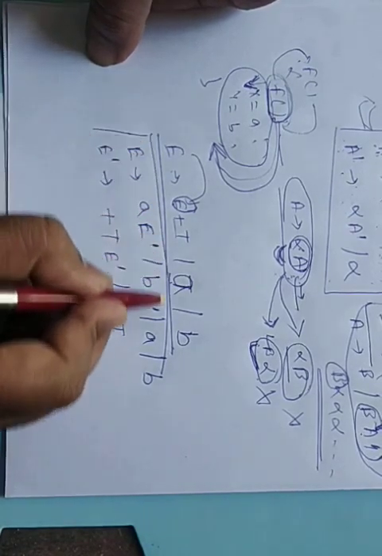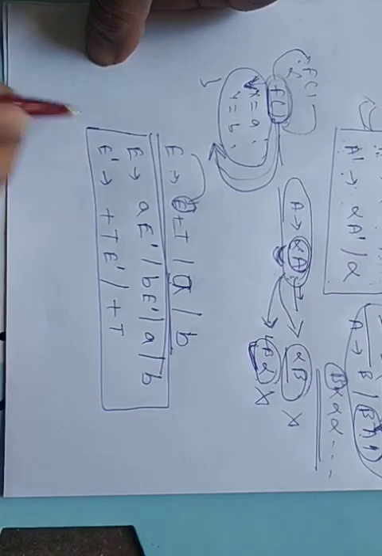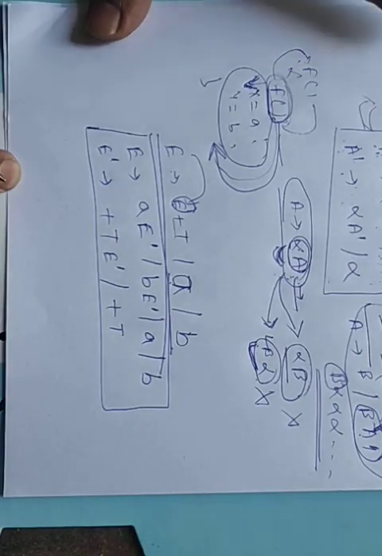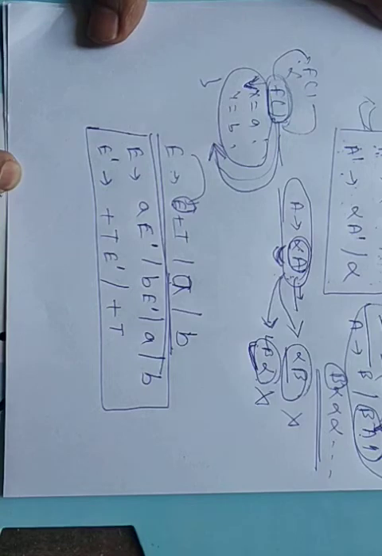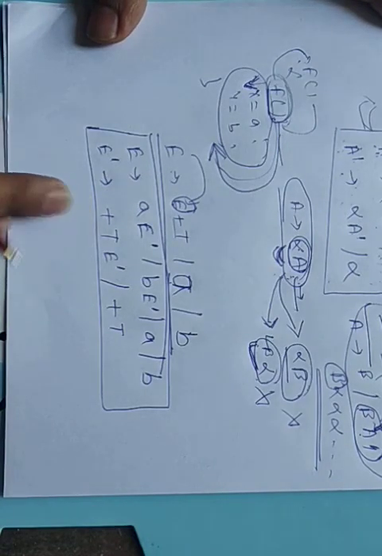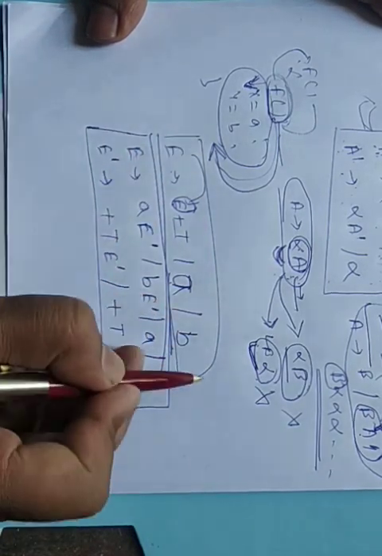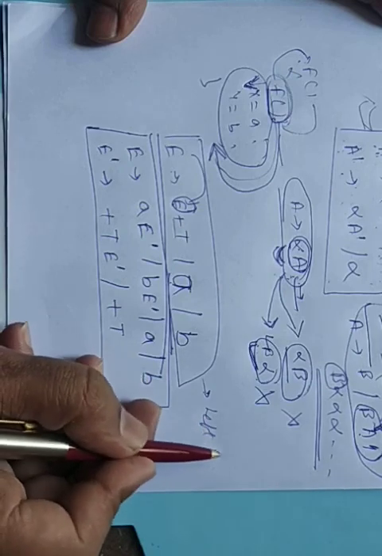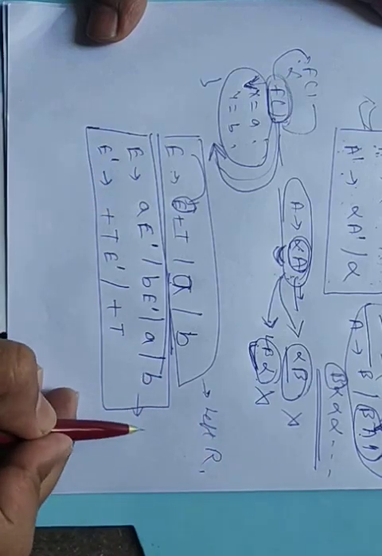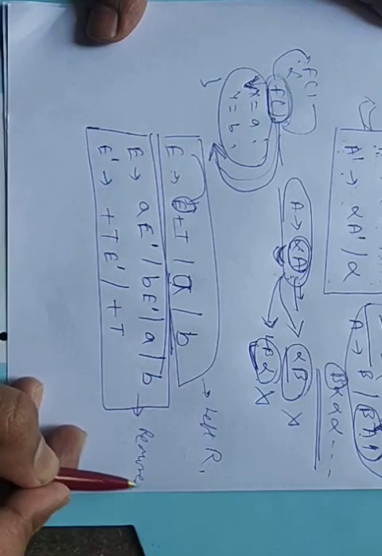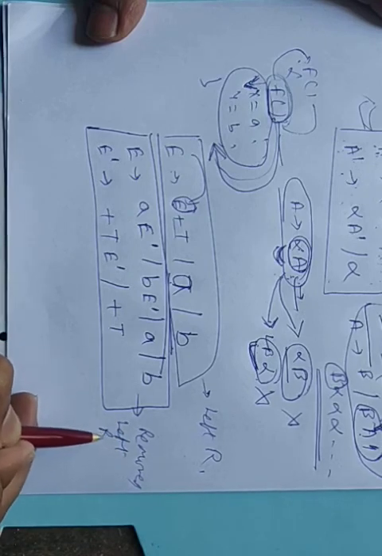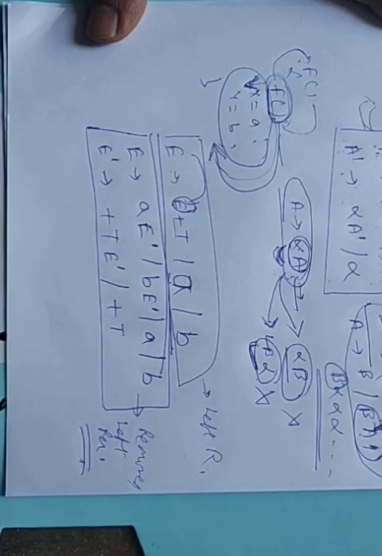So this is the particular grammar without left recursion. In this we had left recursion. Here we have removed left recursion. So I hope you got how to remove left recursion.